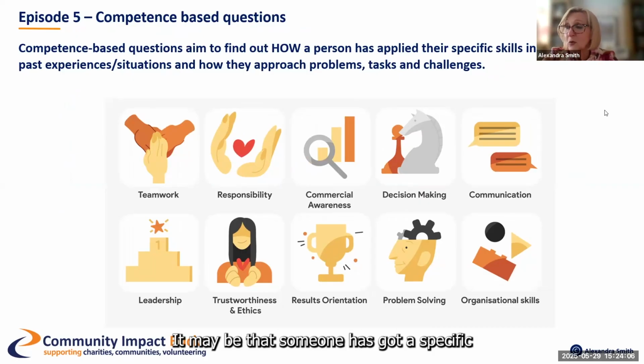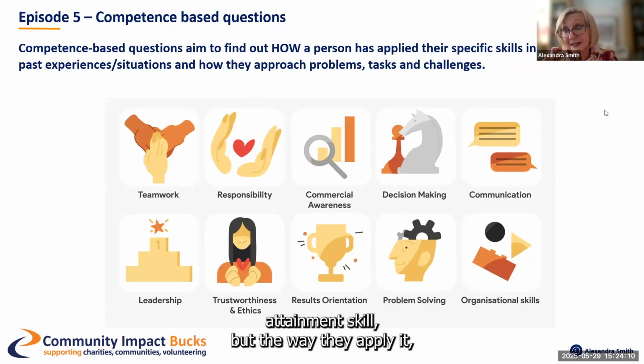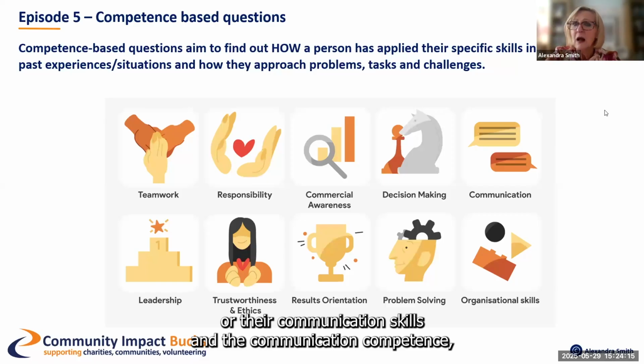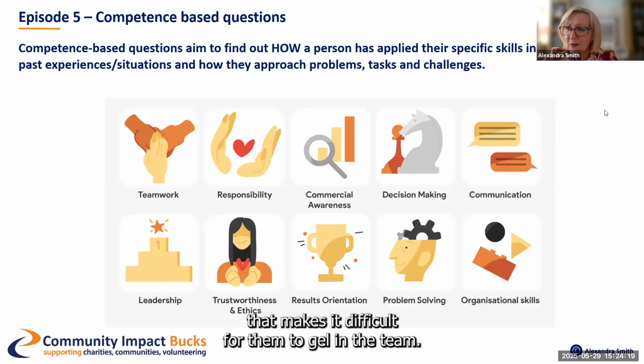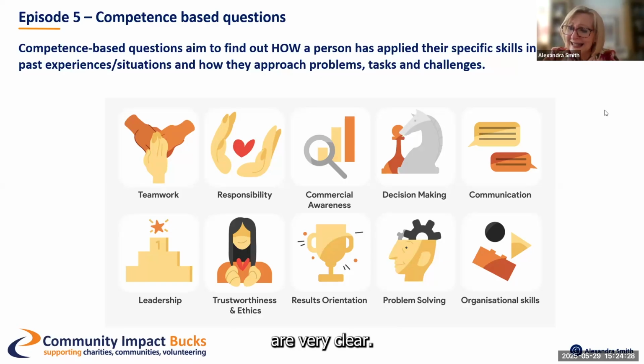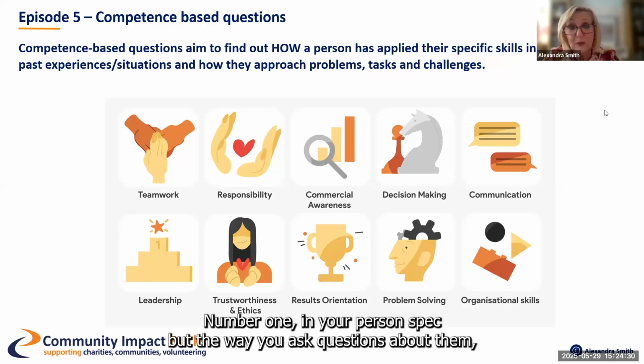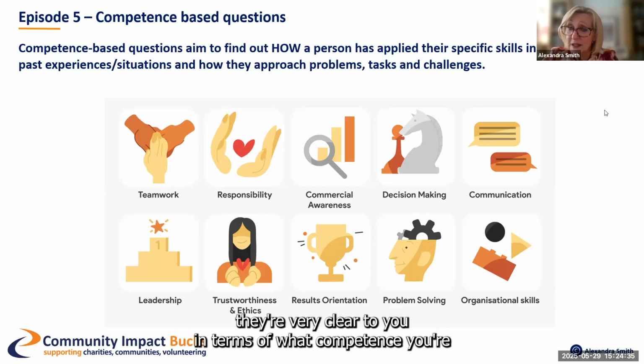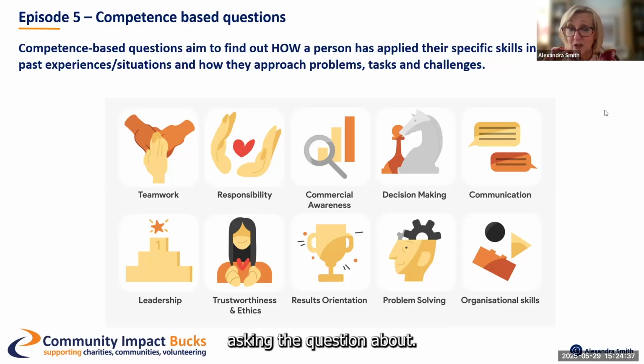It may be that someone has got a specific attainment, a skill, but the way they apply it, or their communication competence, makes it difficult for them to gel in the team. So what's important is that your competencies are very clear, number one, in your person spec, but also in the way you ask questions about them, so it's very clear to you what competence you're asking a question about.